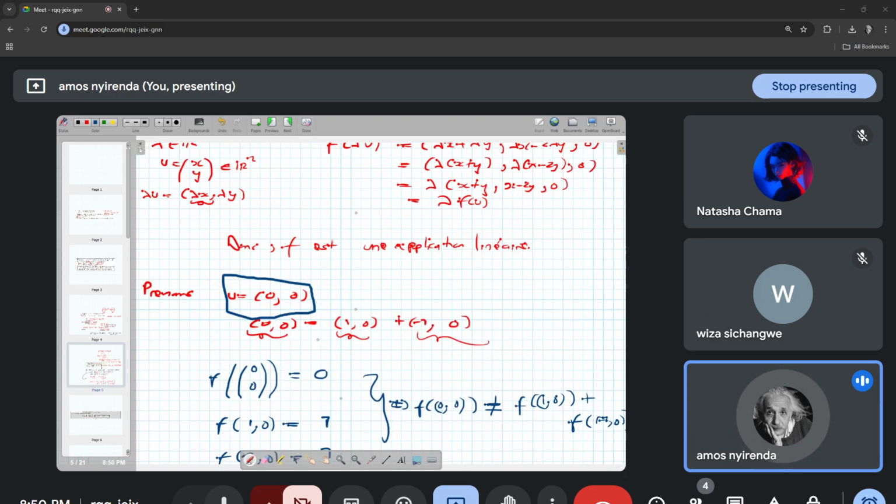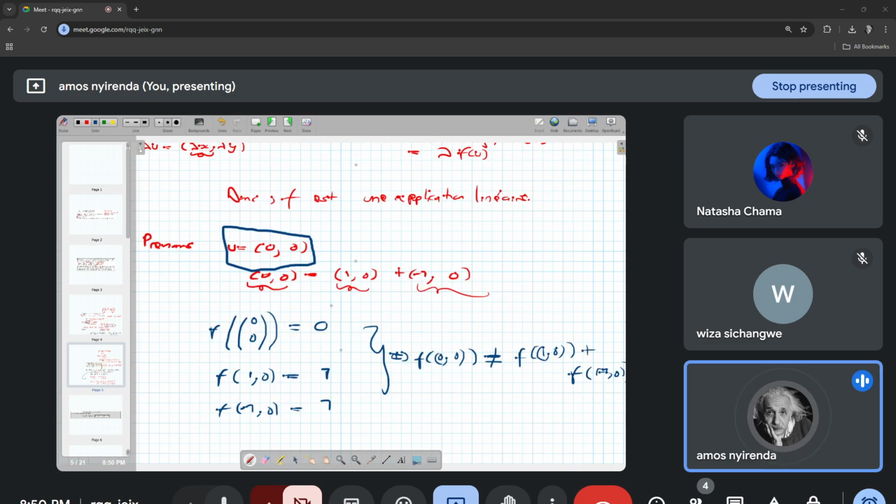Now 0, 0, we know that it can be written as what? 0, 0 can be written as 1, 0 plus minus 1, 0. Or you can write it as 2, 0 or minus 2, 0, or 3, 0 minus 3, 0. You can choose whatever decomposition you want here, but that is not going to change the fact that 0, 0 can be decomposed as a sum of two other vectors.